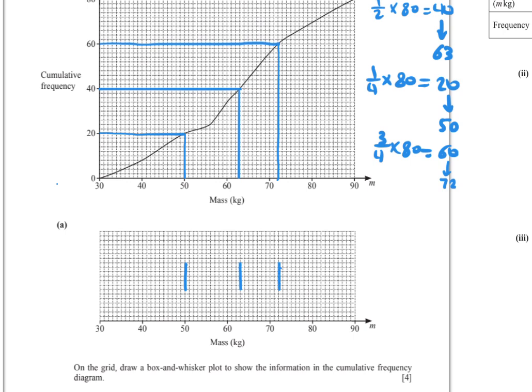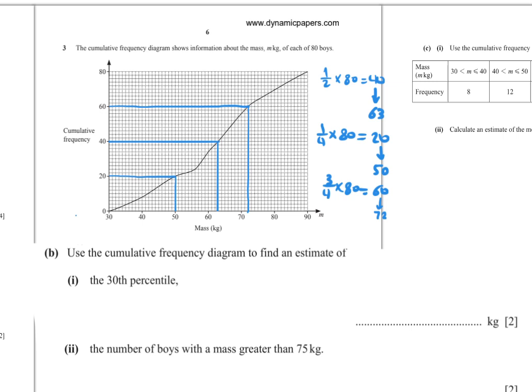Now draw the box. Now the least value 30. And the greatest value 90. So this is the box and whisker plot.